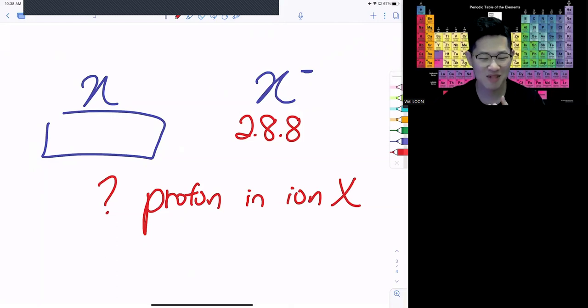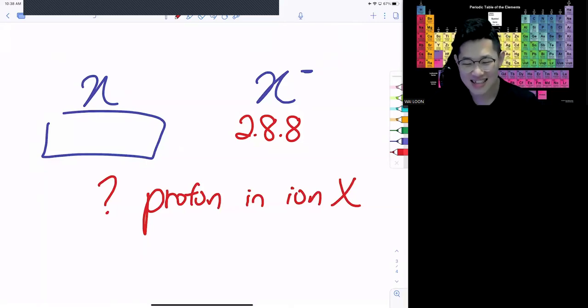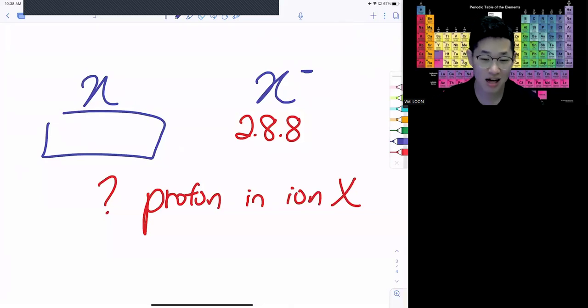Oh, this time a lot better. Okay, there are how many proton in the ion X here?